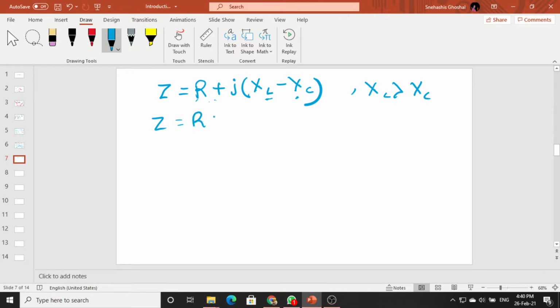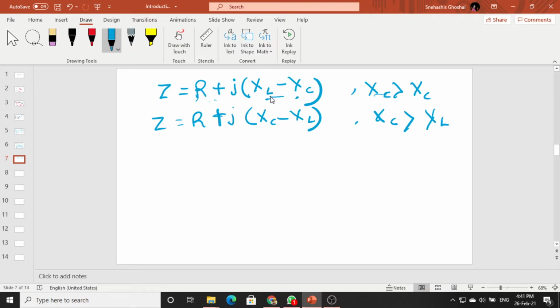It can also be written as R minus j into XC minus XL, or in other words, R plus j into XL minus XC when XL is greater than XC.